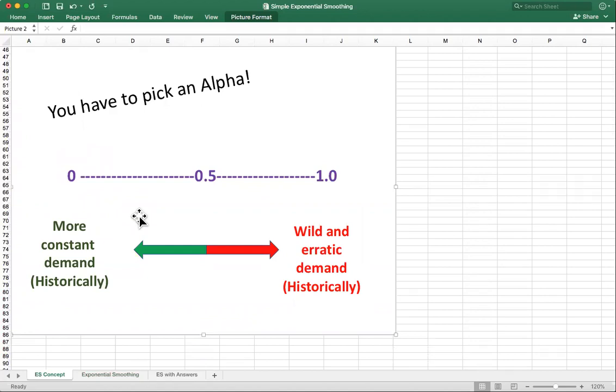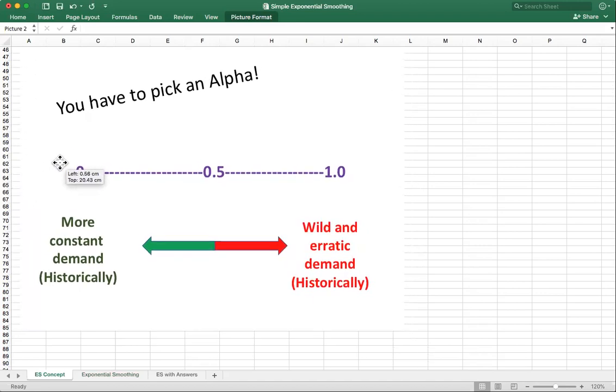The closer that a number is to 0, the more confident you are historically that demand is going to remain constant for the future. So if you have very constant demand, you would pick an alpha that is a little closer to 0, maybe 0.1 or 0.2.